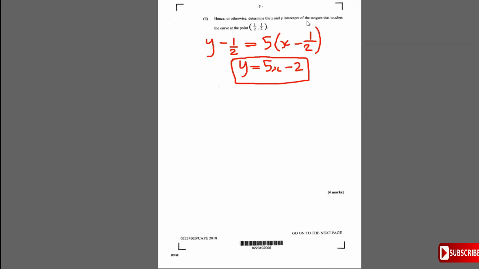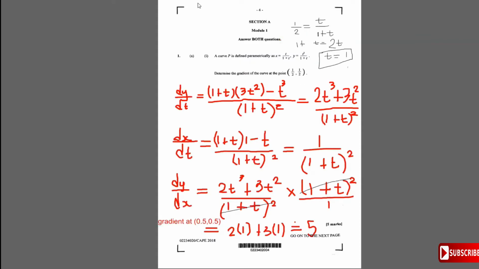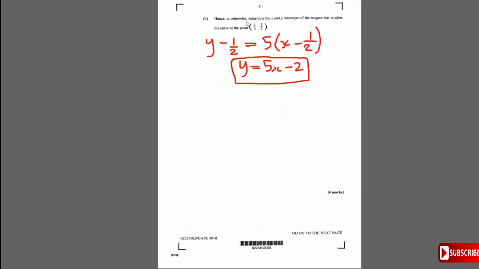So when it's talking about x and y intercepts, I don't know how this curve looks, so I'm just going to draw some random curve. Let's say the curve looks something like this, and we have some tangent looking something like this. And what did they say they want?